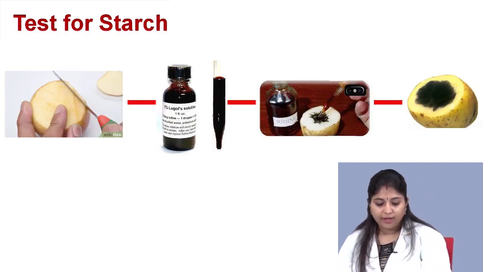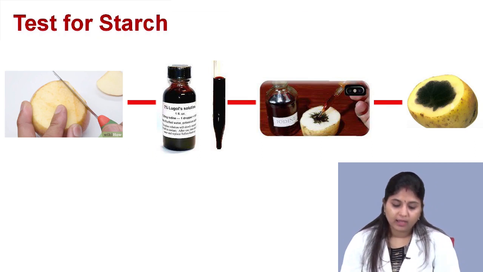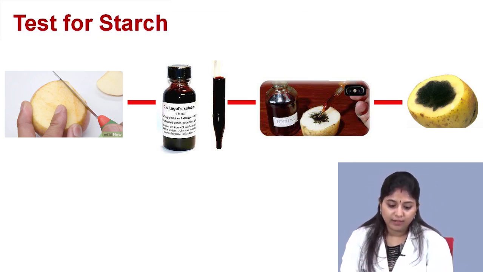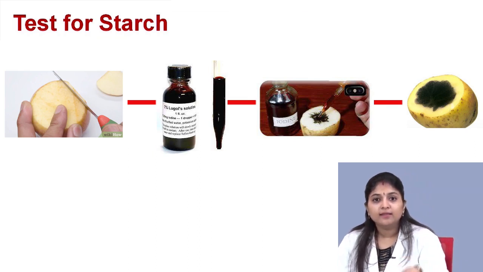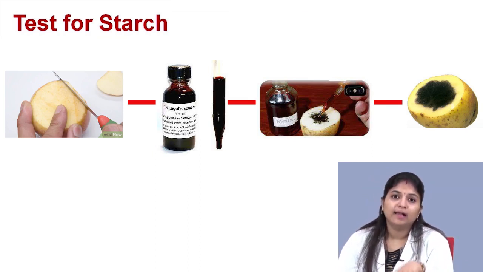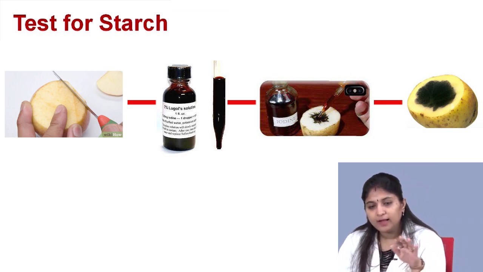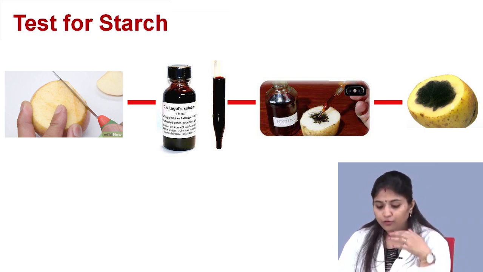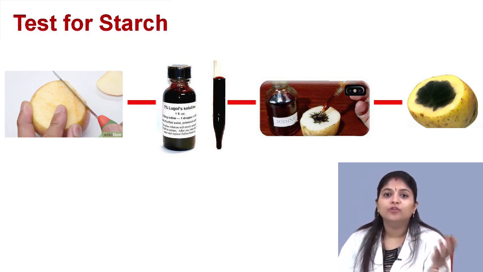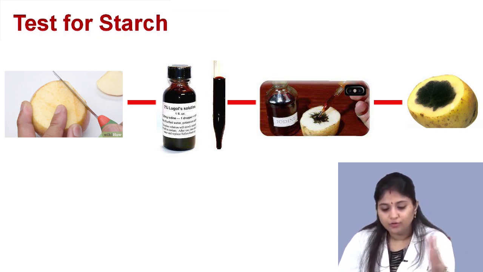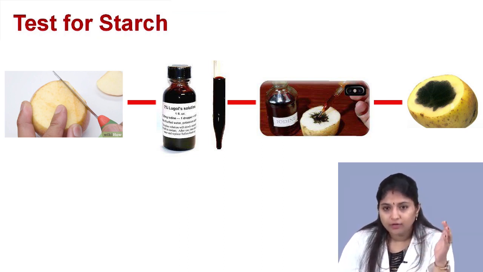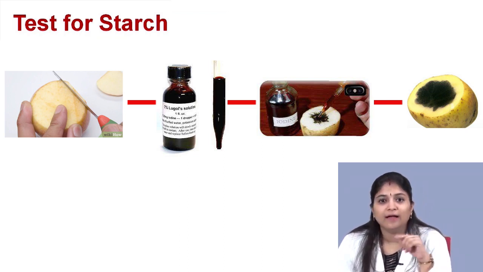Whenever you see this kind of blue-black color on anything, it means that this particular food material has starch in it. You can conduct this activity using any kind of raw material that you have, and I would suggest you go back to your school and do this activity so that you can classify. It's a very fun activity. You can use it on different kinds of food products that you want to know whether they have starch in them or not.